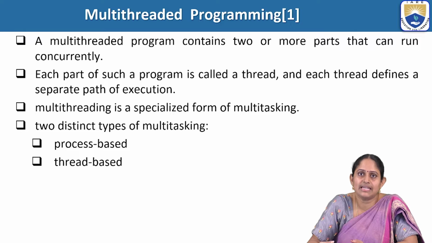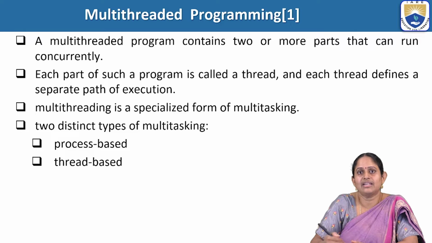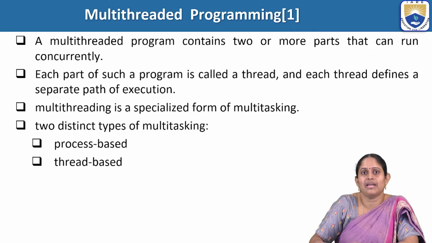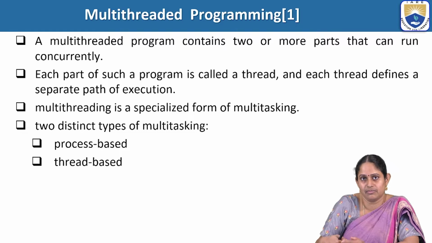Java supports multi-threading. That means if you have a huge program which can be divided into smaller parts, each smaller part can be executed by an individual process, or we can say individual threads, which are a smaller form of process.